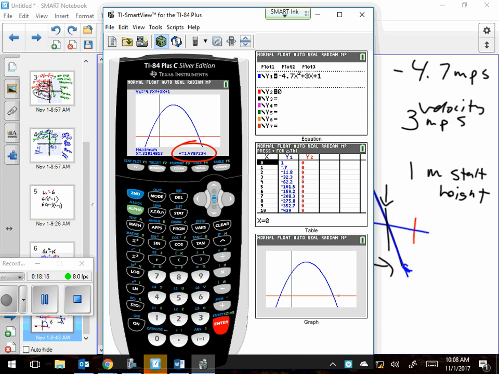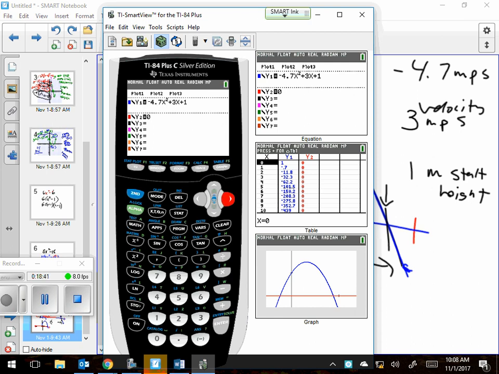And all we're going to do is change one thing. Do you agree that gravity's not going to change? Do you agree that the release point could possibly be a little higher than 1 meter? Okay, person launches it from up here, maybe it's like 1.5 meters or something. And so let's go back into our equation. I lied, I'm going to change 2 things. I'm going to make the release point be about 1.5 meters.